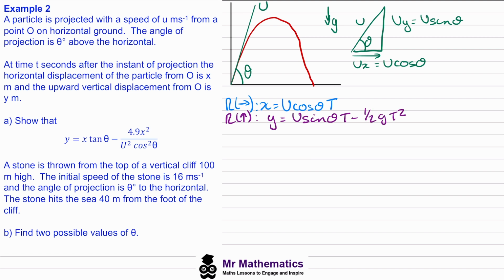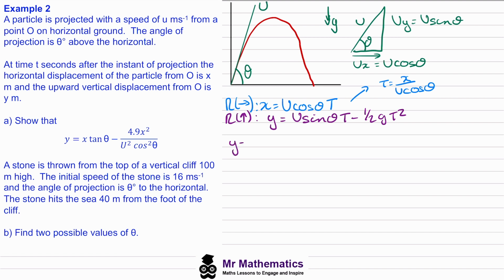So like we did in the previous example, we'll make t the subject of this equation. We'll substitute it into here. So t will equal x over u cos theta. So we'll substitute this into here and here.